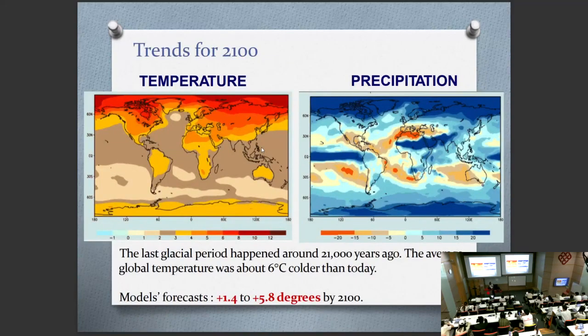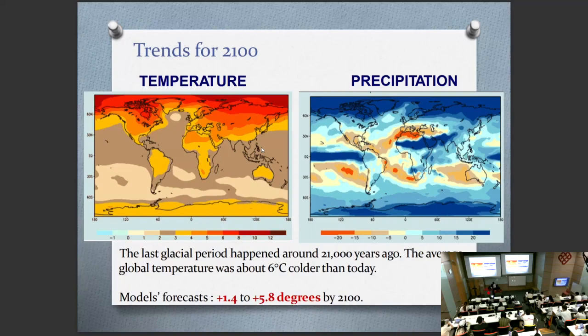Trends for 2100: the temperature will be higher and the precipitation will be more frequent, with more heavy rain, thunderstorms and flooding. For temperature, we understand, right? We have greenhouse gases in the atmosphere trapping the heat, so it's like a greenhouse warming the Earth.